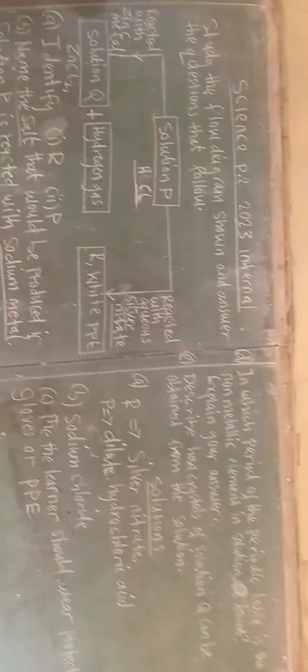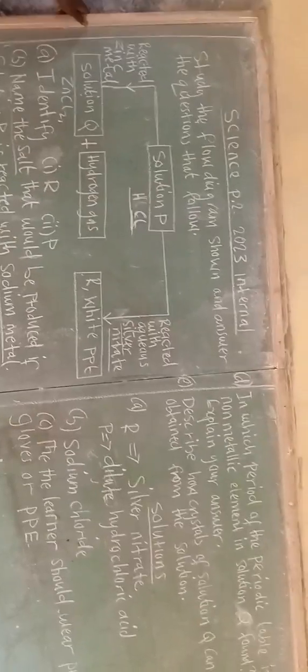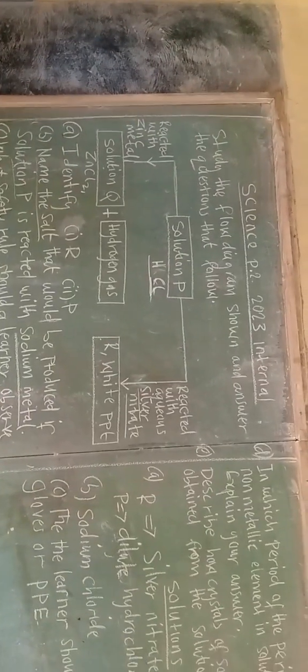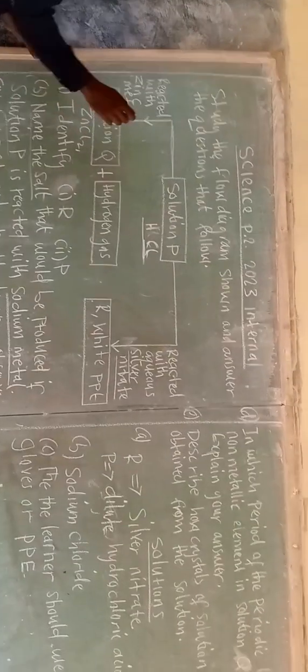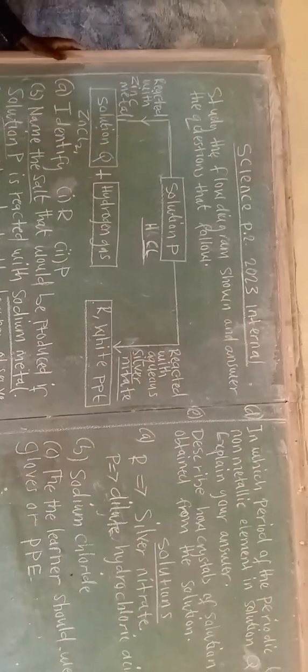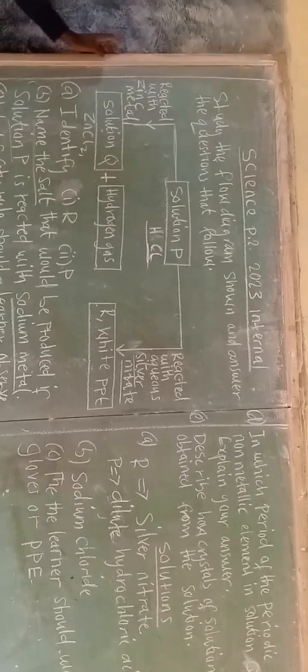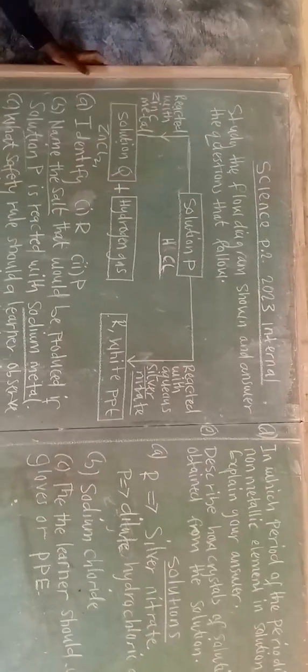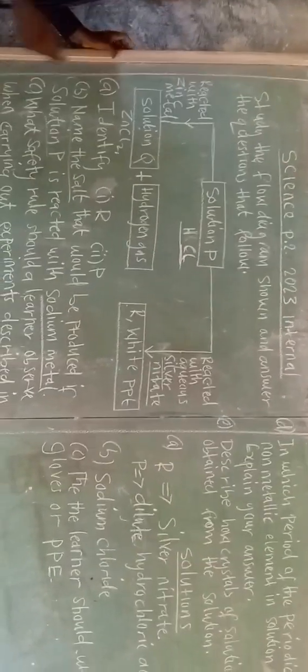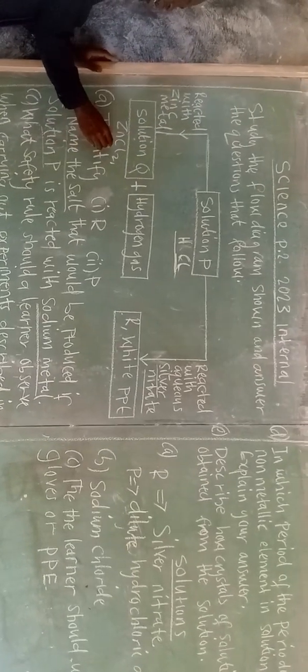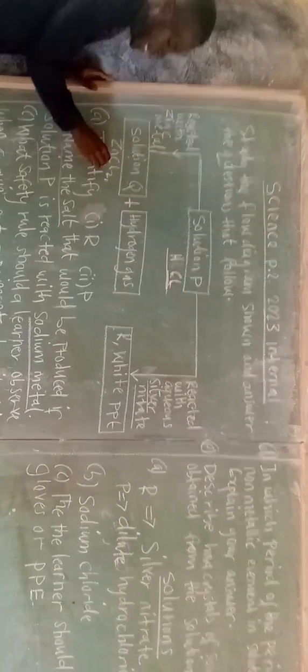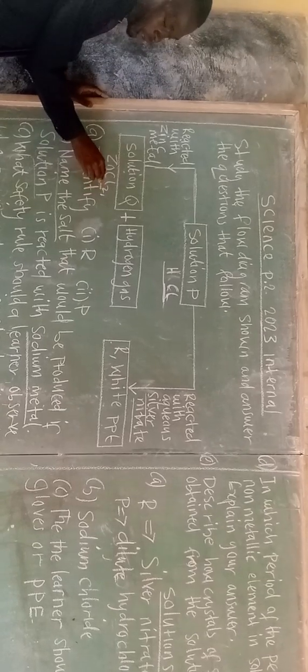They are asking us to identify the period of the periodic table where a non-metallic element in solution Q is found. When they say a non-metallic, they mean the non-metal. So the non-metal here is chlorine.